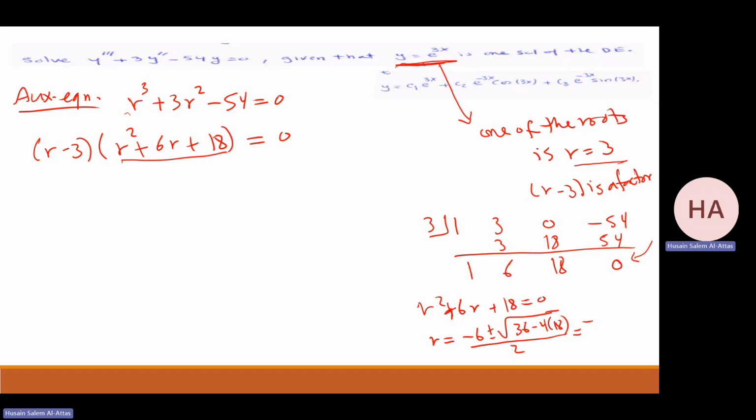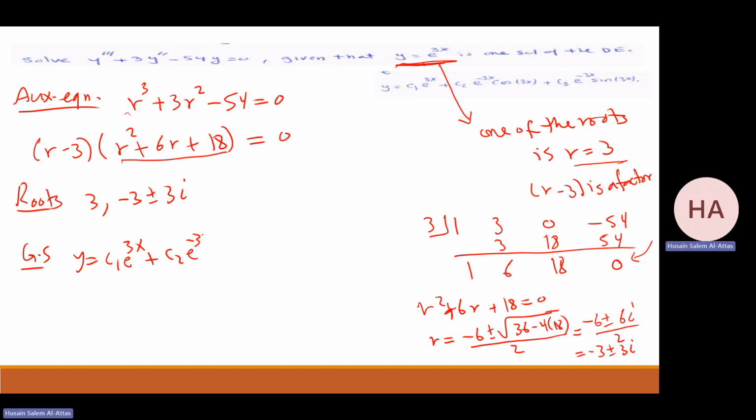So it will be minus 6 plus or minus 6i over 2, which is minus 3 plus or minus 3i. So what are the roots? 3, and minus 3 plus or minus 3i. The general solution is y equals C1 e to the 3x plus C2 e to the minus 3x cosine 3x plus C3 e to the minus 3x sine 3x. That's it, and this is nice, which is correct.